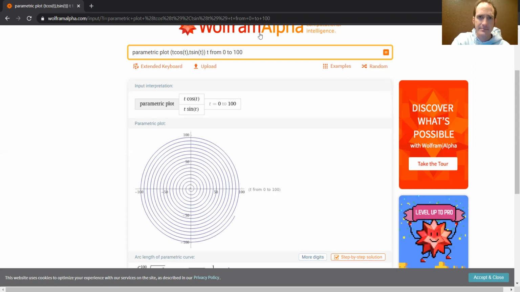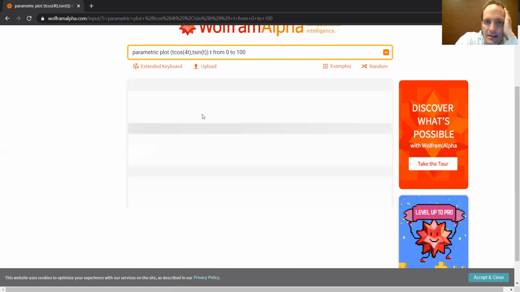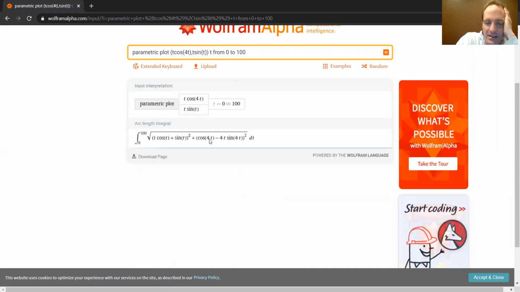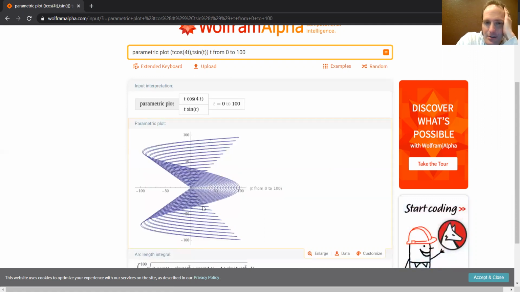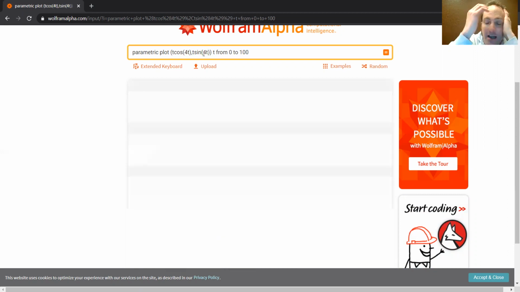All right. So this is pretty cool. You can play around with this a lot. You can say, well, what happens if I put a 4 inside there with the t in the cosine? And just see what happens. And hey, look at that. That's kind of cool, right? So you get this kind of strange looking shape here. It's kind of fun, and you can do a lot with this. What if I then change the sine to a 4 as well?